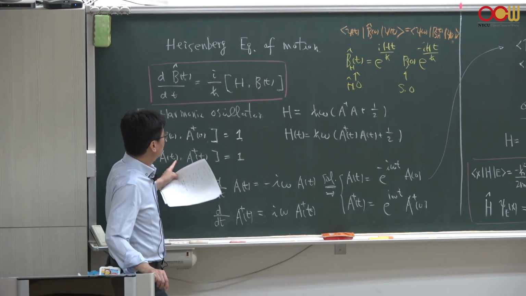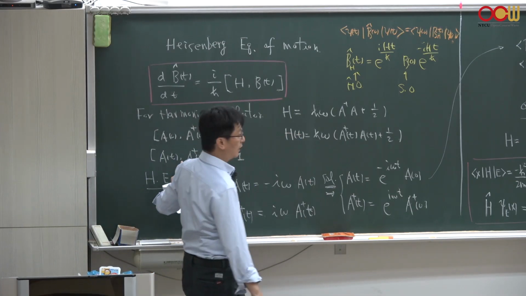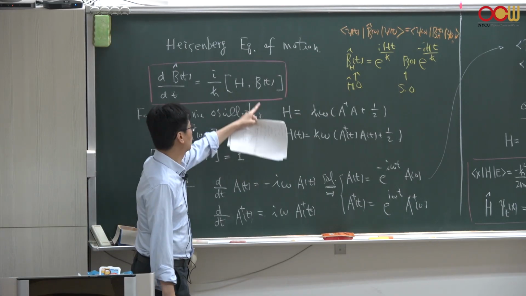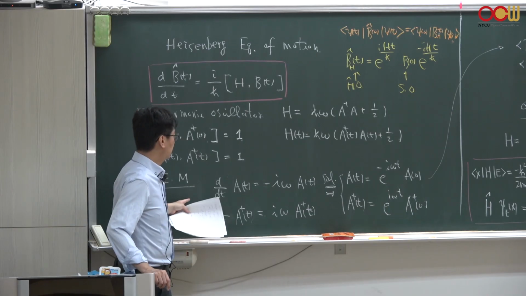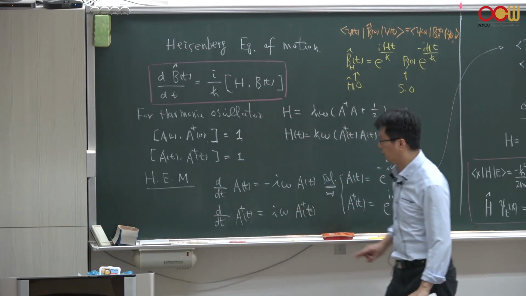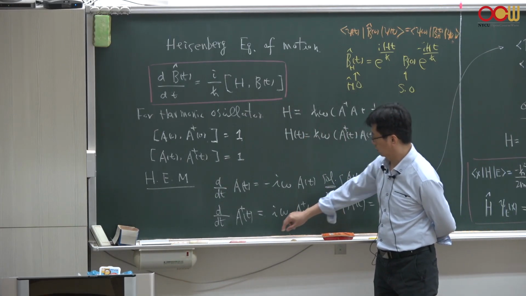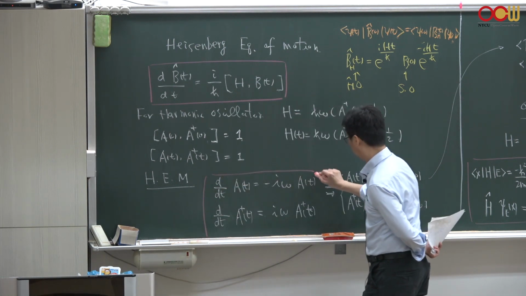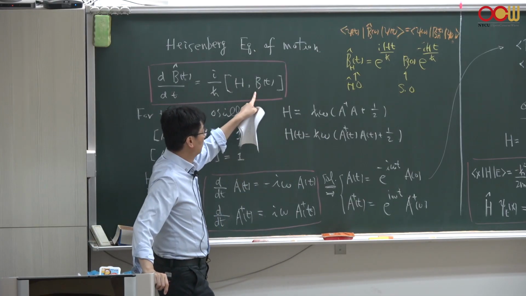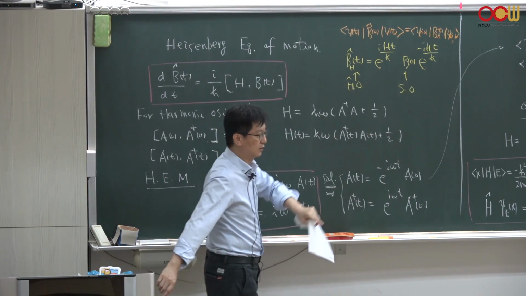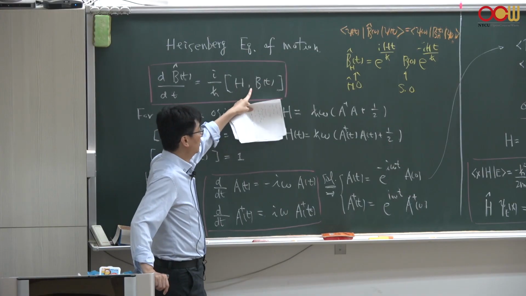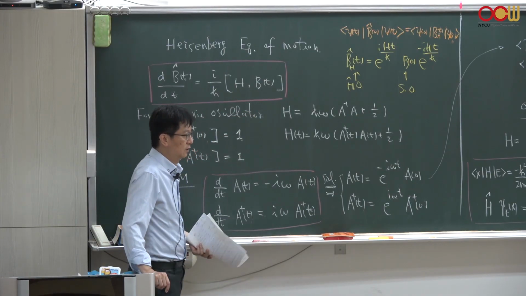Therefore we could simply plug in the commutation relations between A and A dagger, and also between the Hamiltonian and A or A dagger, and we evaluate this very easily, so that this becomes the equation of motion for A of t and also A dagger of t, which are these two equations. Namely, we simply plug in this operator B of t by A or A dagger of t and take advantage of the commutation relation between H and A or H and A dagger that we already derived previously.